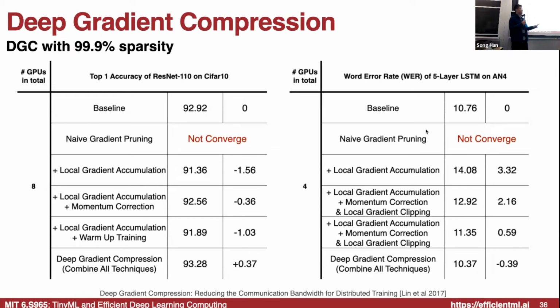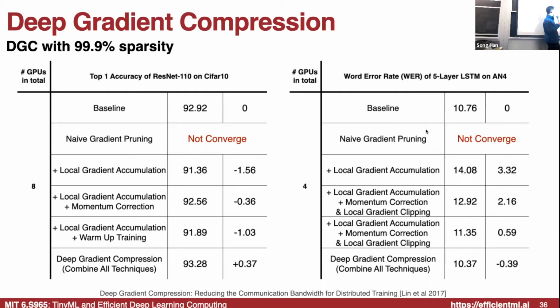Okay, so we can finally recover the accuracy, even a little better, maybe due to noise. On the right-hand side, it's showing the word error rate for a speech recognition task. It's a similar finding; the lower the better for the word error rate.